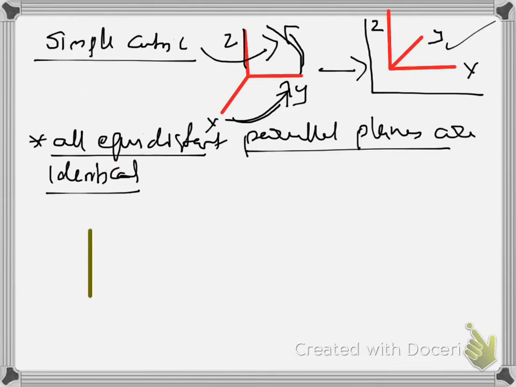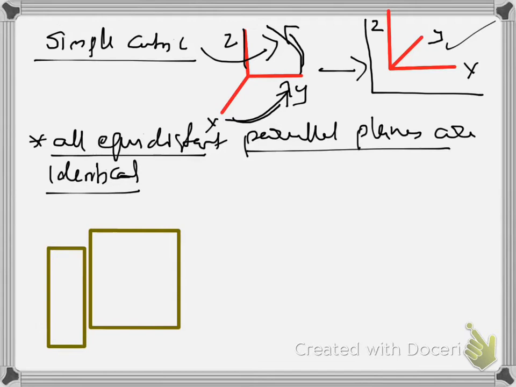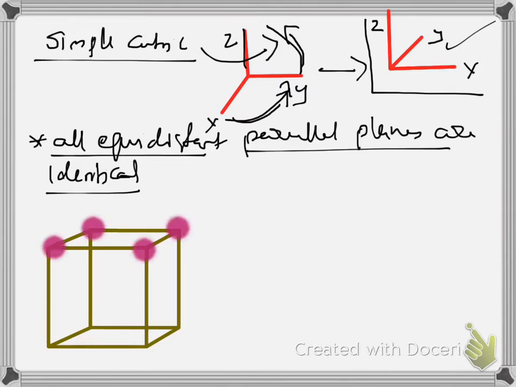Draw a cube. And here particles are present at 8 corners like this. Now we have a simple cubic system.